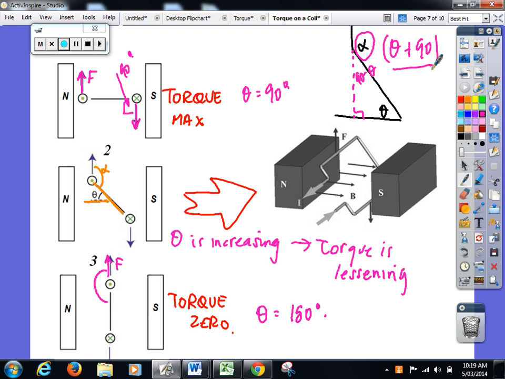Now I want you to just check for me. Just do sine 20 and cos 110. Okay, what are they in relationship to each other? Right, they are the same but opposite.